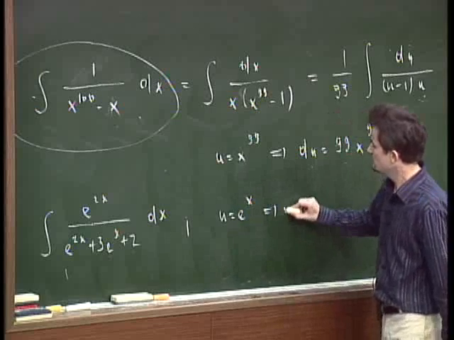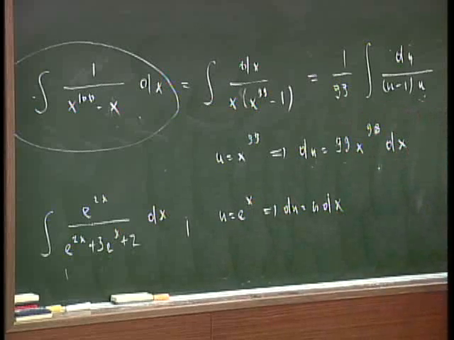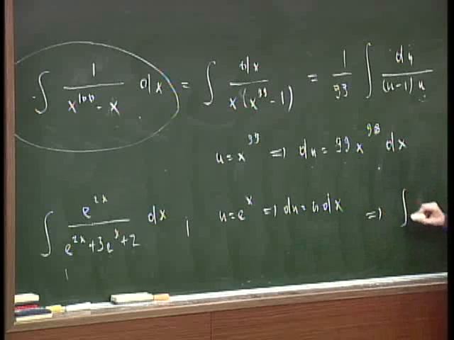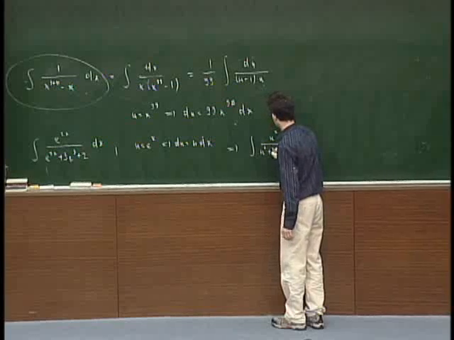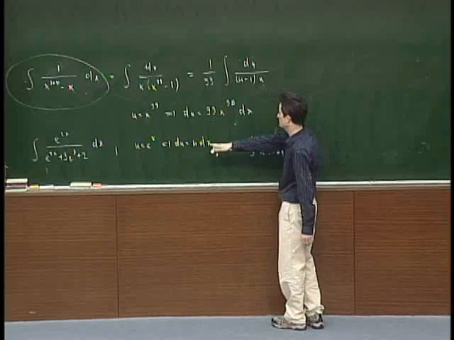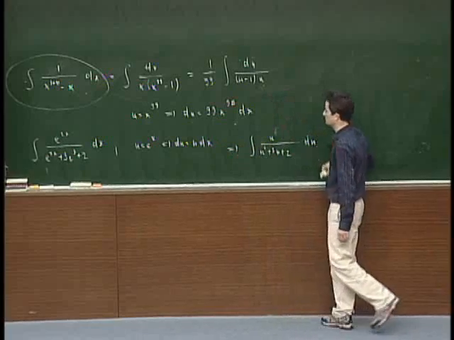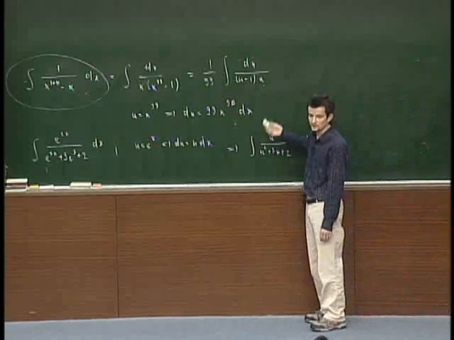Okay, so du is then equal to u dx. Okay, and now if you do this substitution, what you get is the integral of u squared over u squared plus 3u plus 2, and dx is du over u, so you have this integral here. And this we can solve using the method I just explained.